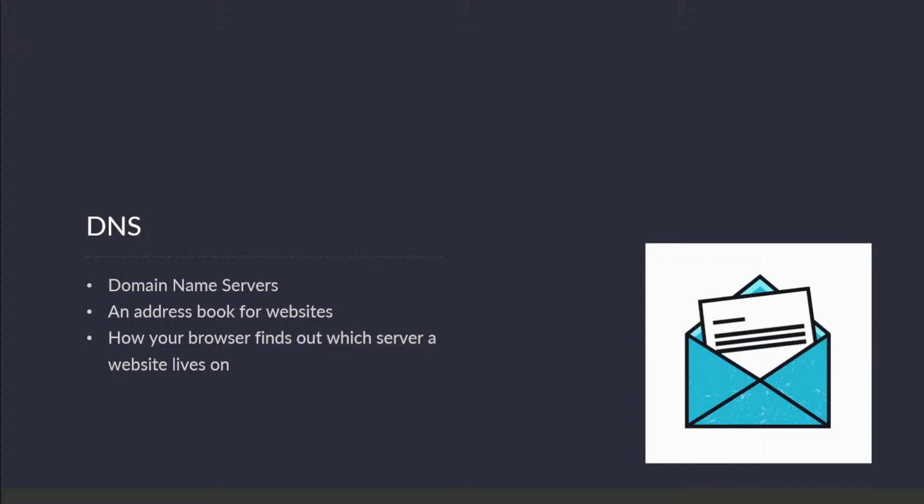So I might think I'm going to ESPN.com, but if the IP address is compromised on the domain name server, it's going to say, oh yeah, ESPN.com is at this other IP address that's not actually ESPN.com.